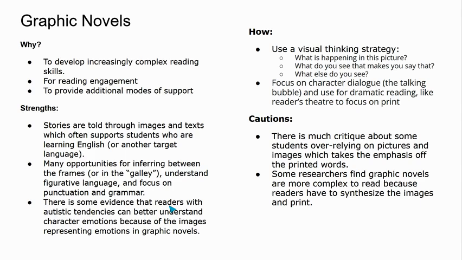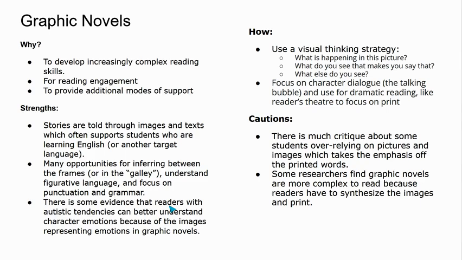So we're not only telling a story through words and pictures, but also dialogue and onomatopoeias. And kids have to understand those text structures and how those work and how the author is using them to portray a story. And so I love this idea of that visual thinking strategy. What's happening? This ties right in with the wordless picture books.